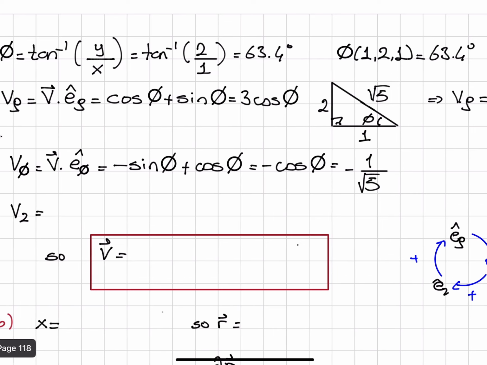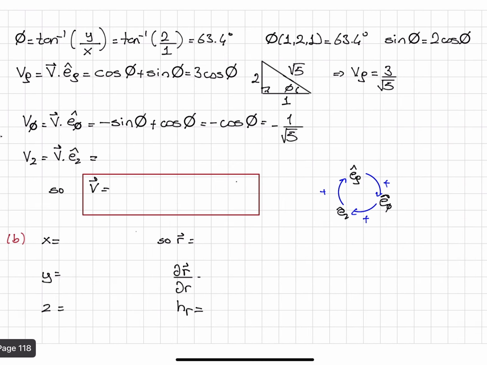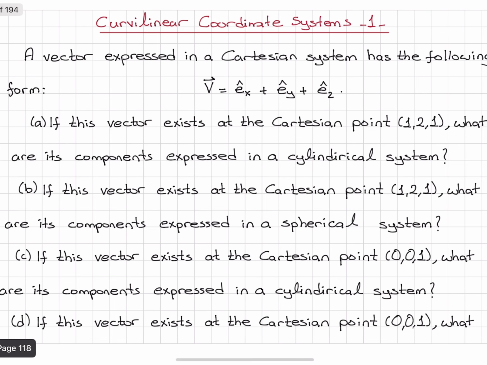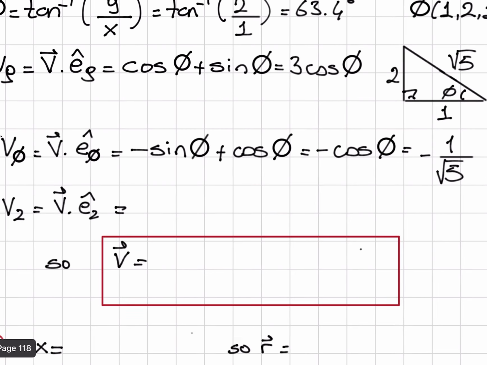And as for the z component, we have vector v dot product with ez hat, and you can see here the vector v has a component 1 in ez hat direction. That is equal to 1. Okay, so we can express our answer.